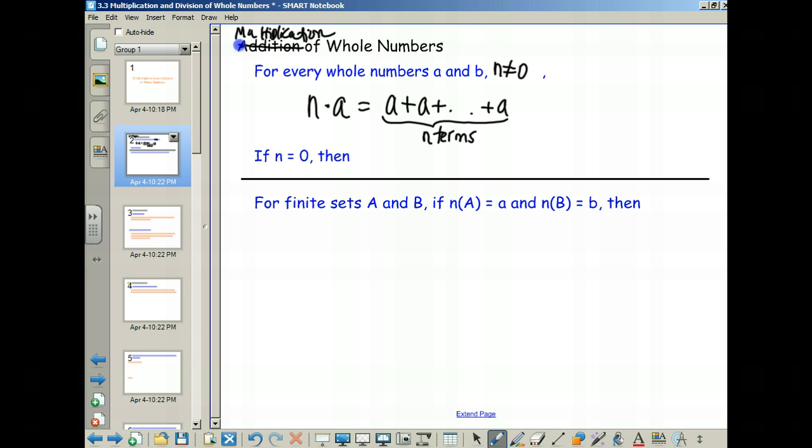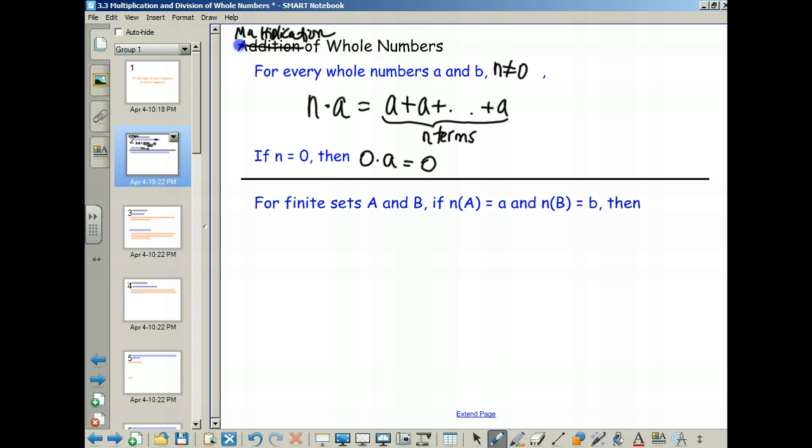This is the first way we talk about our need for multiplication. If you wanted to add the number 3 together 15 times, you really don't want to write 3 plus 3 plus 3 fifteen times. We would like a shortcut, and that shortcut is called multiplication. And if the n value equals 0, then 0 times a, by definition, is 0. That's the definition that we create.